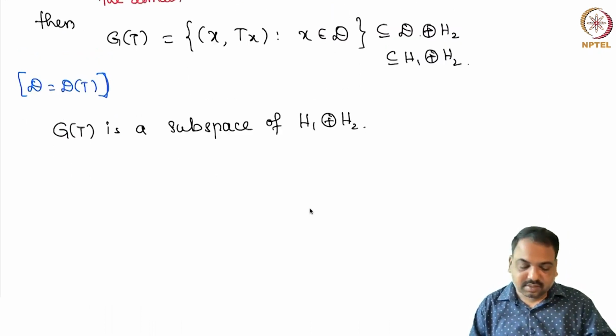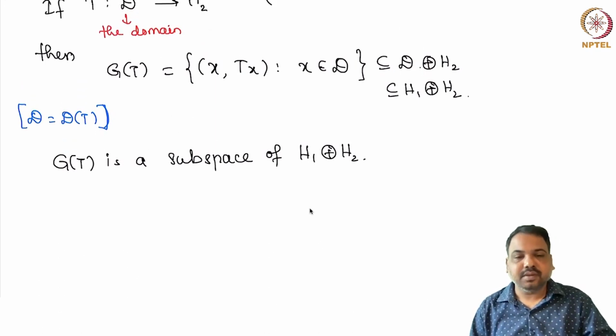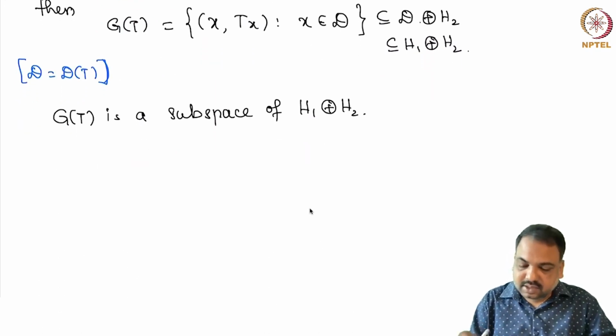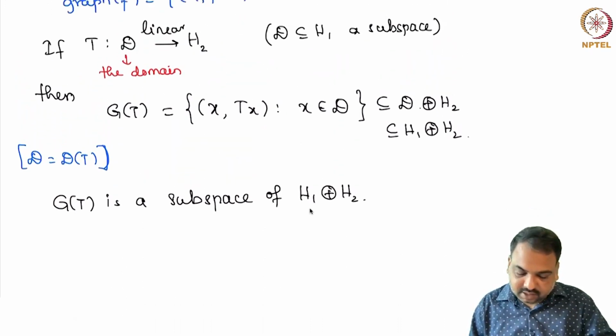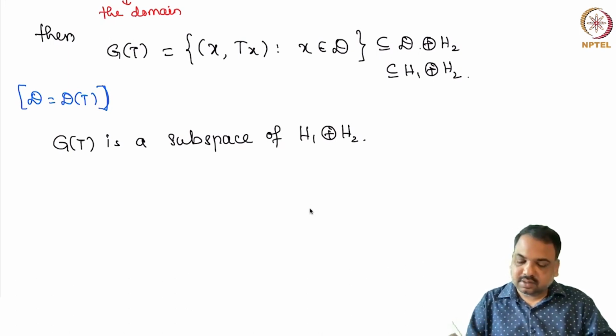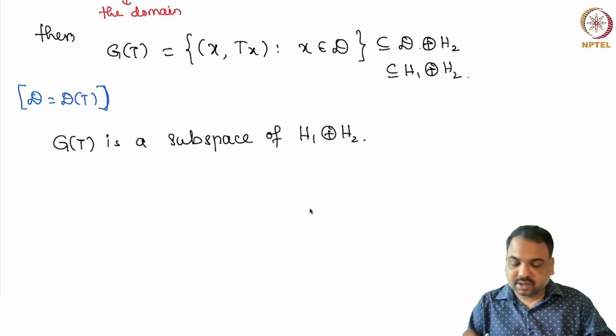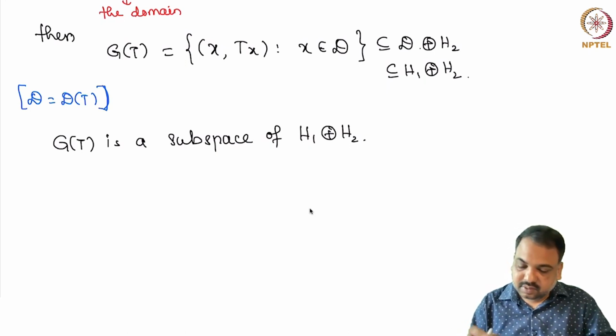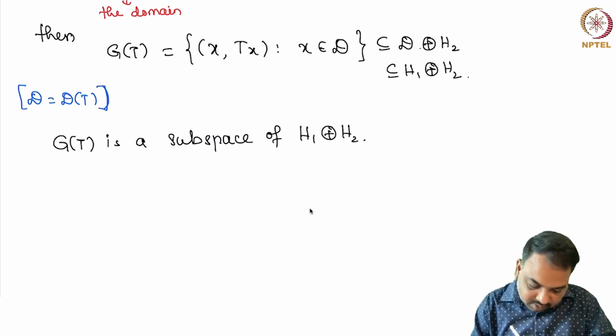That is because T is a linear map. Now what exactly we want to show is that if T is a continuous map, or a bounded linear map, that means if T is defined from H1 into H2, then the graph of T is a closed subspace of H1 direct sum H2. Exercise.